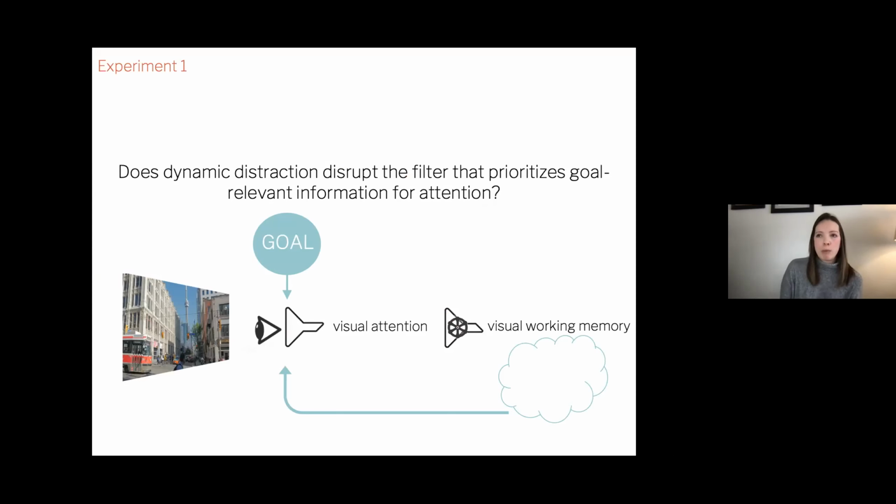In experiment 1 of theme 2, I'm specifically going to ask the question: does dynamic distraction disrupt the filter that prioritizes goal-relevant information for attention? While information is available to you and you're weeding out information and you have tight control over it, when you're distracted, do you lose control of that filter?